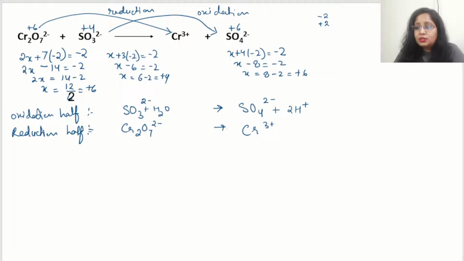So total charge is 0. So right hand side 0, left hand side minus 2. What we will do? We will add electrons to balance the charge. So on the right hand side, because there is deficiency, we will write 2e minus. Now right hand side 2 charge minus 2 charge, left hand side minus 2 charge. So this oxidation half is balanced.